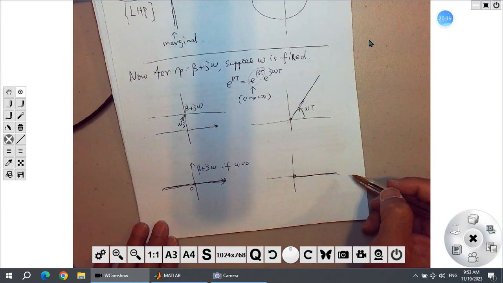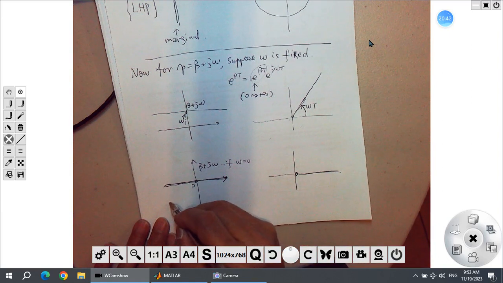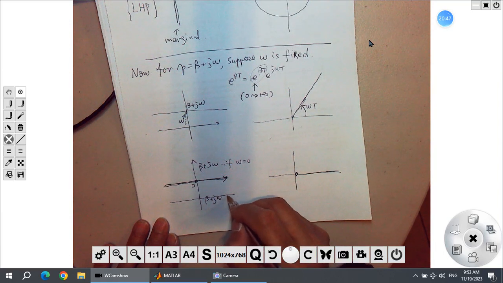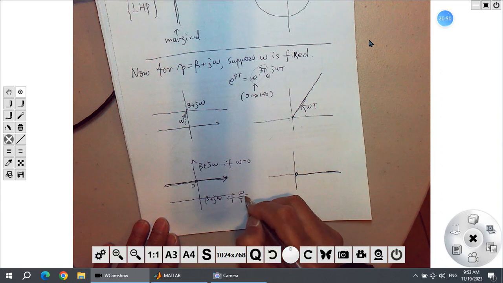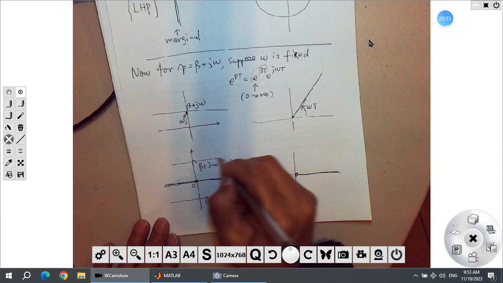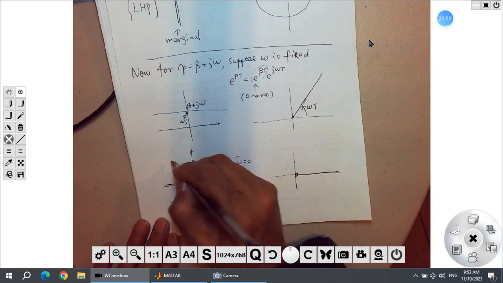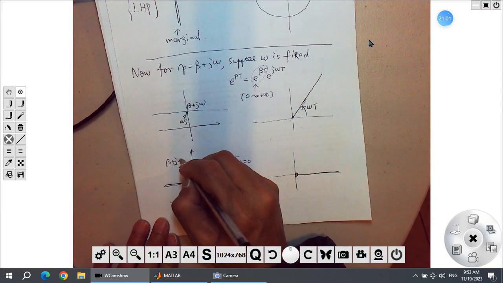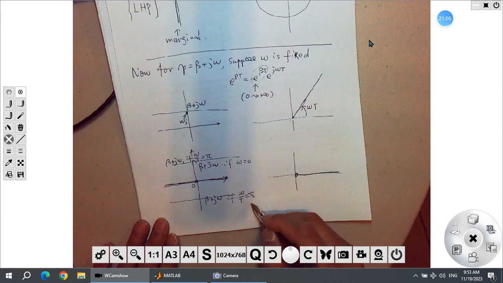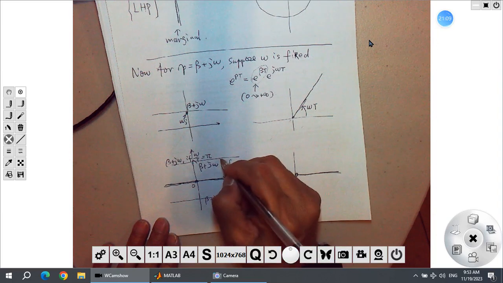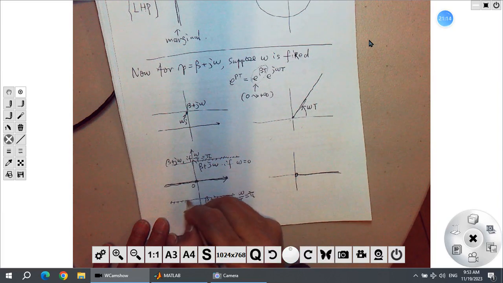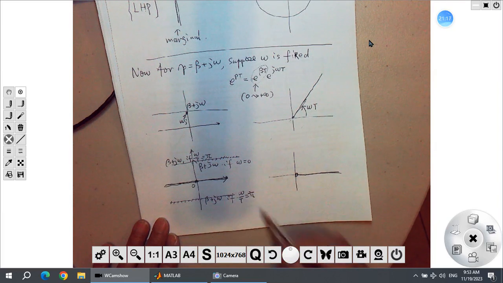Okay, and we have another one. Here, beta plus j omega where omega over T equals negative pi, and on this side, beta plus j omega where omega over T equals positive pi. This is negative pi, this is positive pi. I put some dots around this line. What are these two lines?